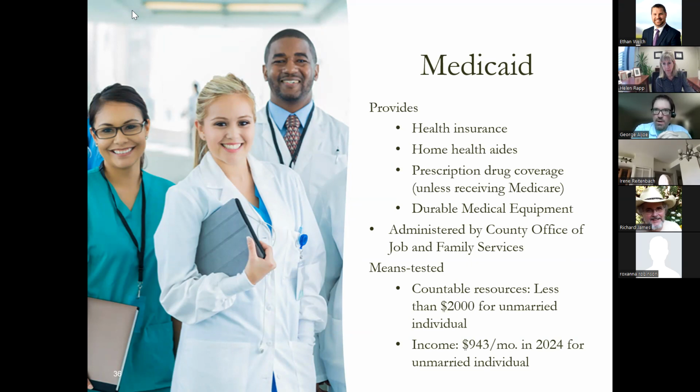For example, an individual that is what's called dual eligible, receiving both Medicare and Medicaid benefits, has Medicare as their primary insurer, and Medicaid covers whatever Medicare does not. Medicare comes with copays, lifetime limits, and per incident limits and things like that. So Medicaid can pick up from there.